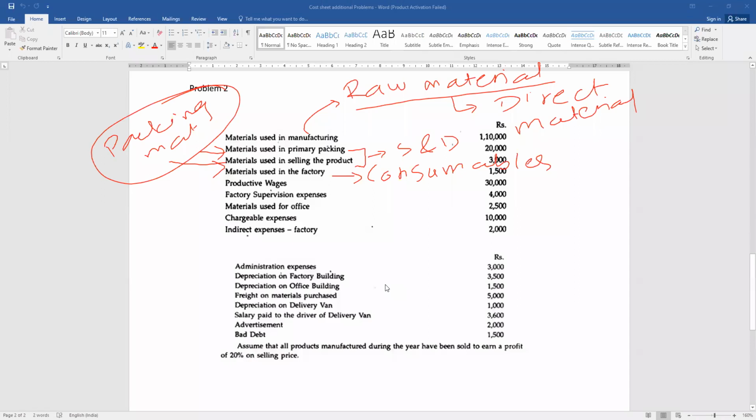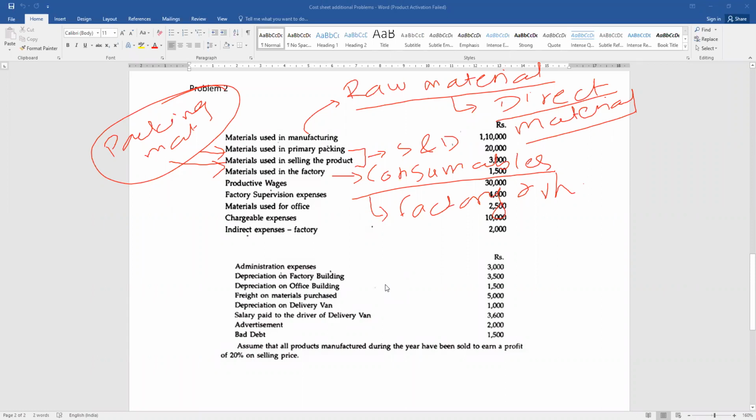Packing material does not create FG. In direct material, we take the material from which FG is created, from which we manufacture FG. Are you getting the difference, guys, between the direct material, packing material and consumables? Consumables are such a material, add-on material, which we require in lesser amount on the shop floor. So we will write this under the factory overheads. Is that clear to you?